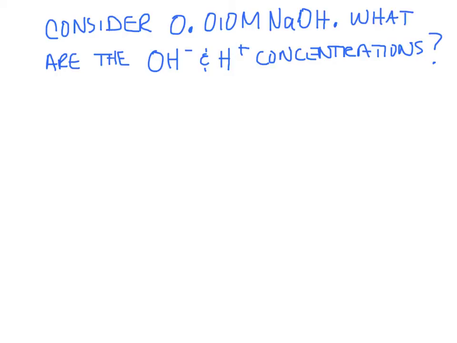Let's consider an example of adding a strong base. Consider a 0.010 molar sodium hydroxide solution. What are the hydroxide and hydrogen ion concentrations in this situation? Well, if we break apart sodium hydroxide into its ions, it's a 1-to-1 relationship.